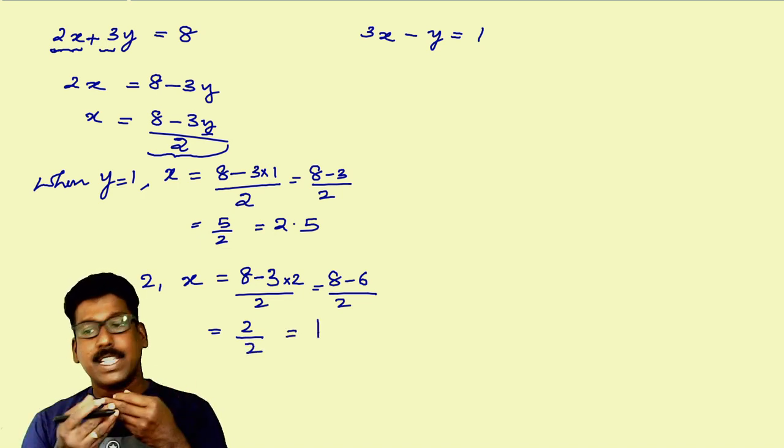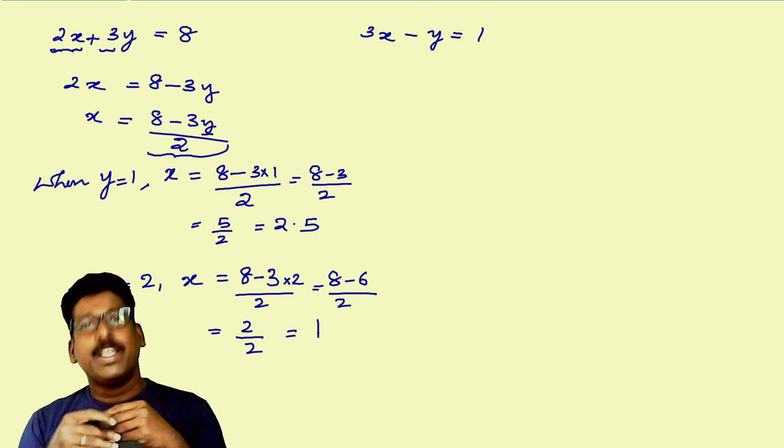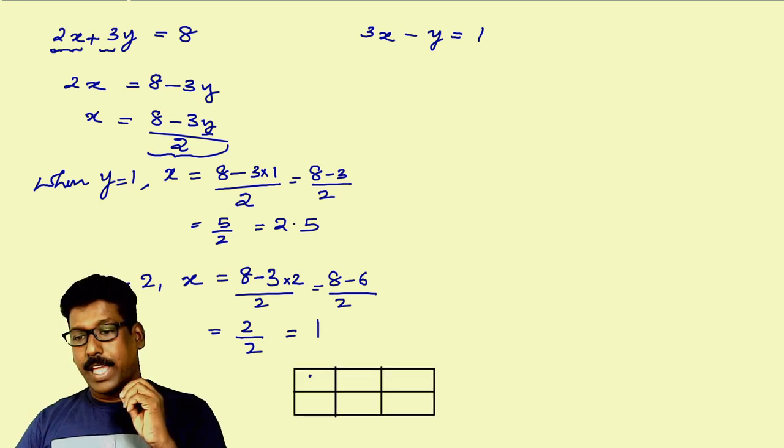So when y is equal to 2, x will be 1. Now we can represent these values in a table. Write the values of x and y. When y is equal to 1, x is 2.5. And when y is equal to 2, x is equal to 1.